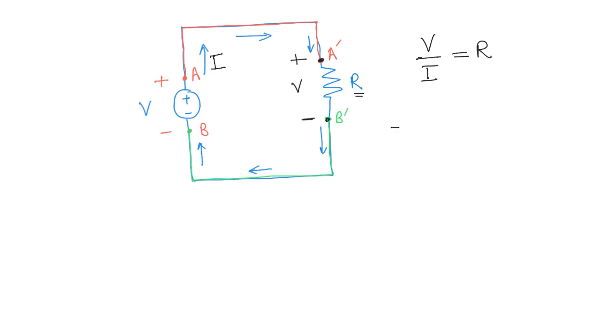Therefore we can rearrange this equation and say I will be equal to V over R. So in this circuit, the voltage is set by the voltage source, and the current is decided then by this resistor that is connected across the voltage source.